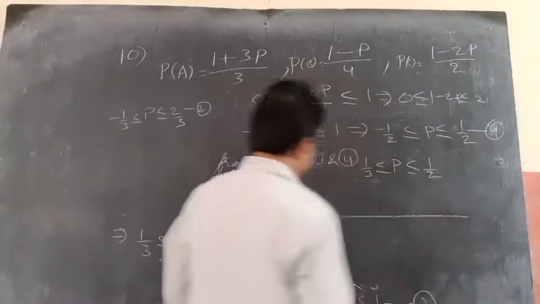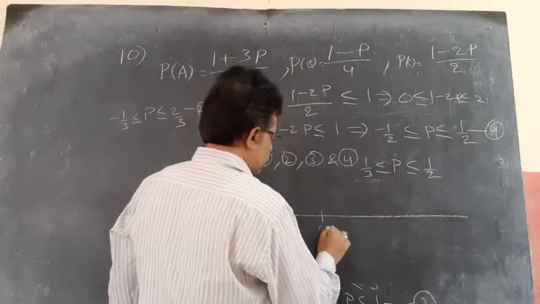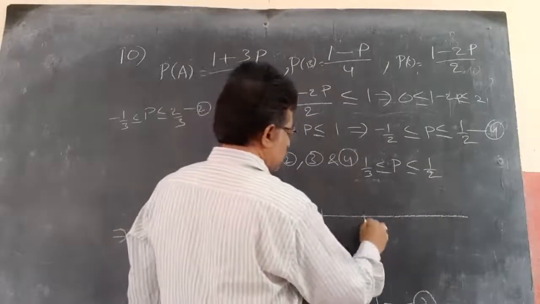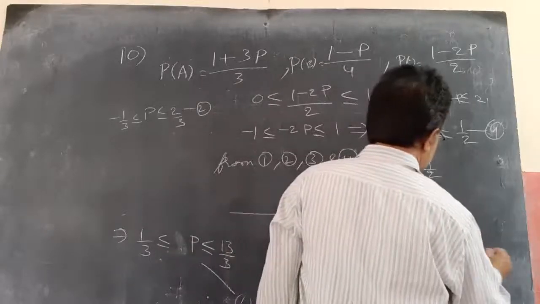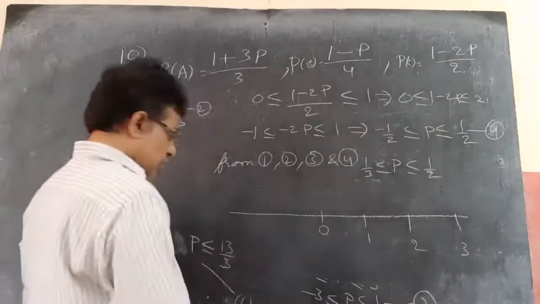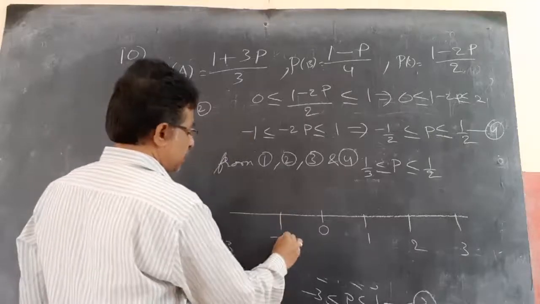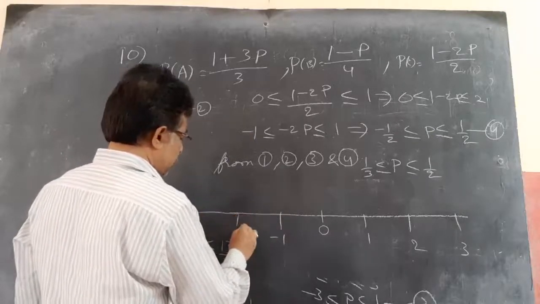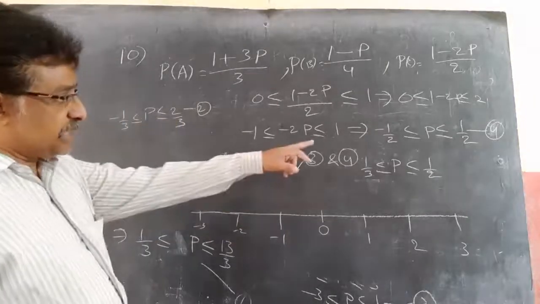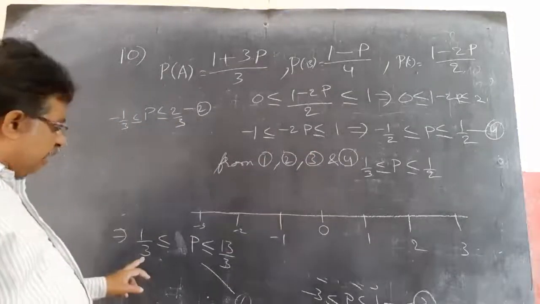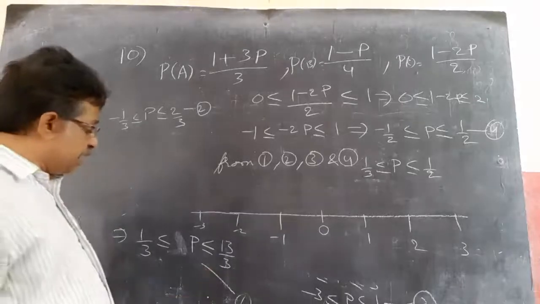How? This is 0. This is 1, 2, 3 and so on. This is minus 1, minus 2, minus 3 and so on. What is equation 1? Equation 1 is 1 by 3 to 13 by 3.